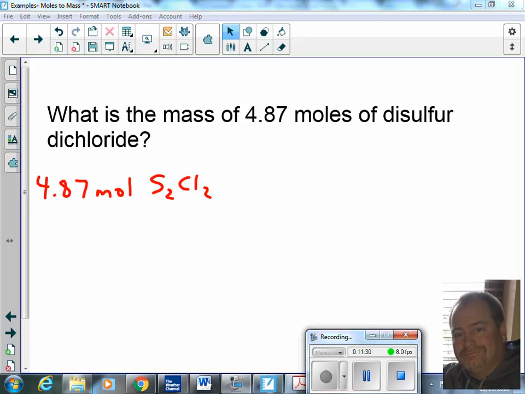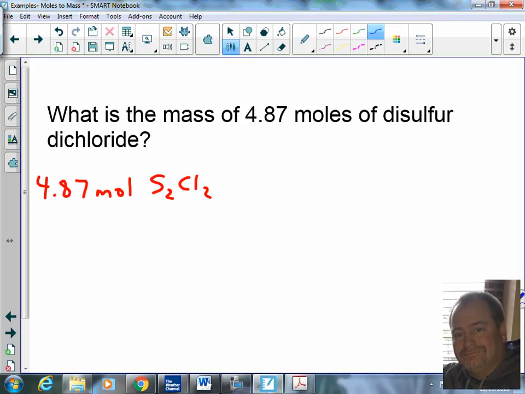So, what do I need to do? I need a conversion box, right? What goes on top? What goes on bottom? Don't just yell at me. Let me see a hand so I don't have everybody saying it at once. What goes on the top?